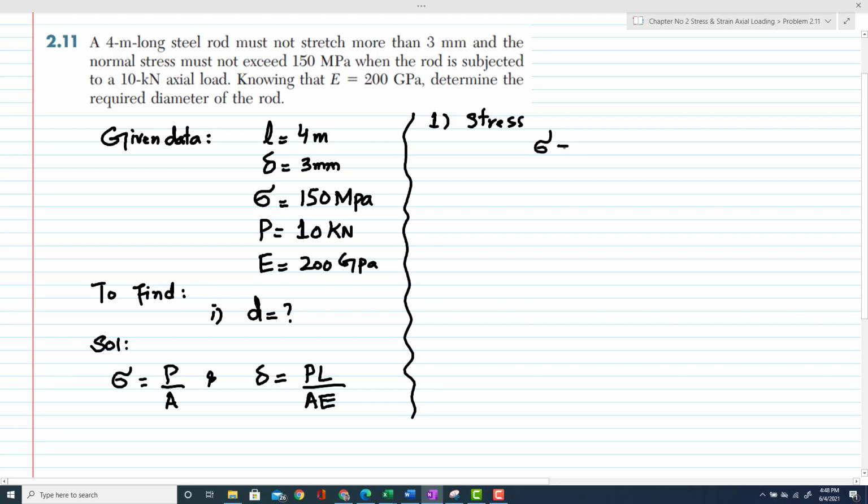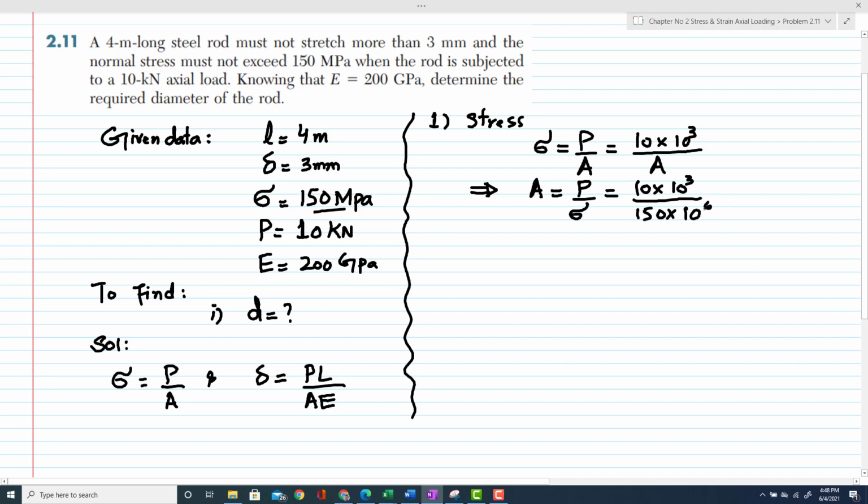As stress is equal to load per unit area, and load is also given, that is 10 kilonewton, so 10 into 10 raised to power 3 newton divided by area. As we are going to find diameter, area is equal to P by sigma, that is equal to 10 into 10 raised to power 3 and the sigma value is also given, 150 into 10 raised to power 6.